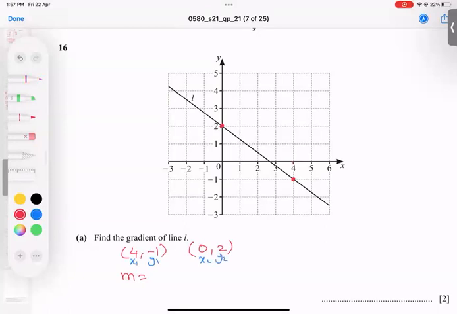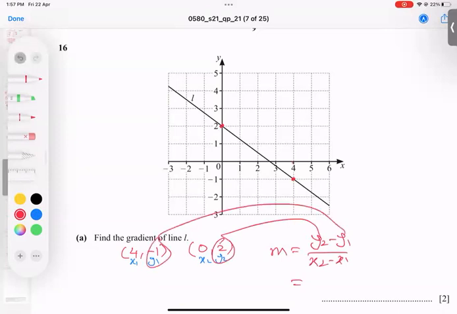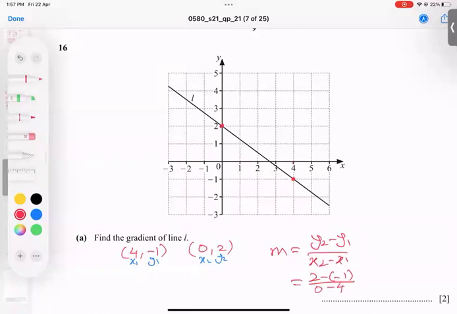All of you know it. The gradient formula is y2 minus y1 over x2 minus x1. So y2 is 2 comes here, and this -1 comes here, one by one. 2 minus -1, and here x2 is 0, x1 is 4.